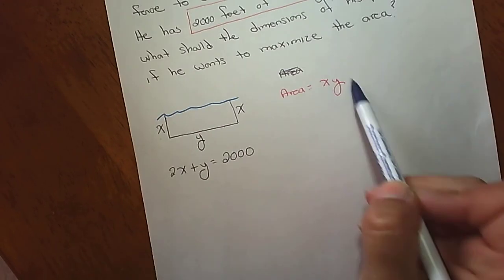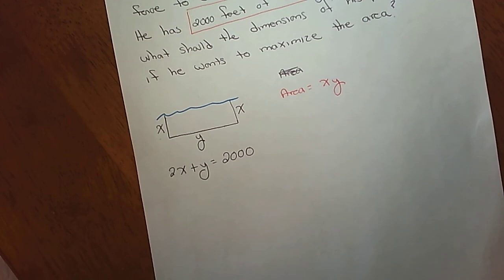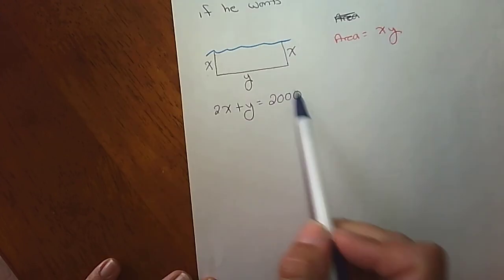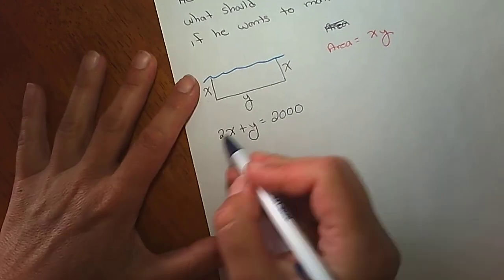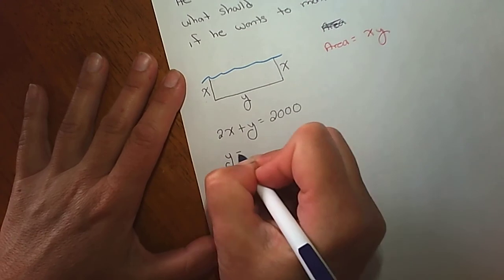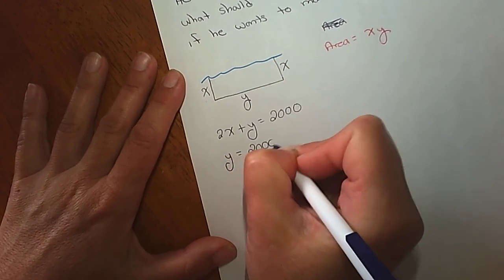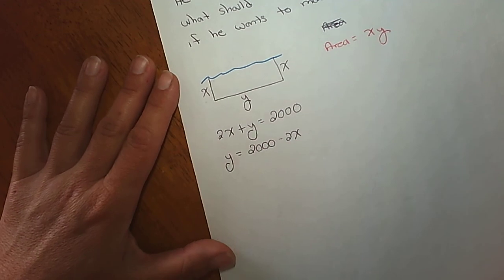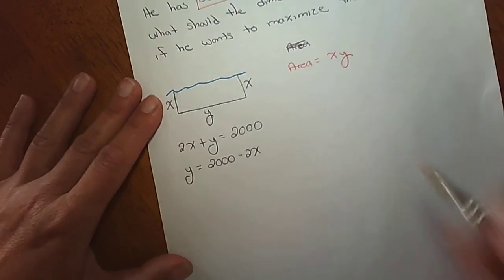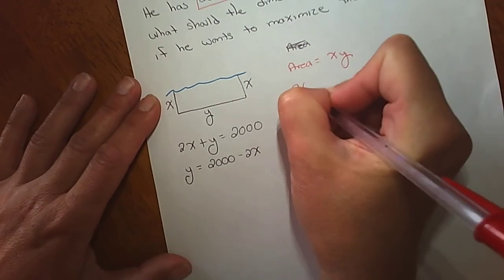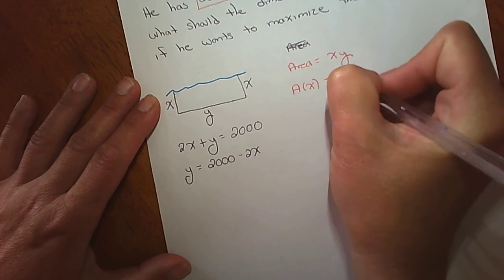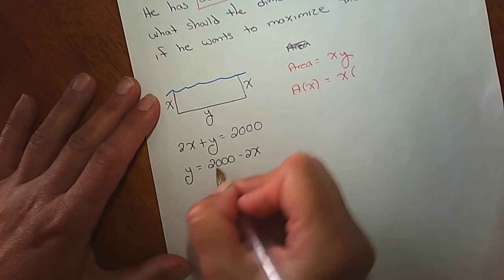Well, if you notice here, we want to get an area formula with just x's in it. So we're going to use this to help us. Because looking at this now, I know that y would be equal to 2,000 minus 2x. So I can come up here now and build an area formula, A of x, where I can replace y now with this.